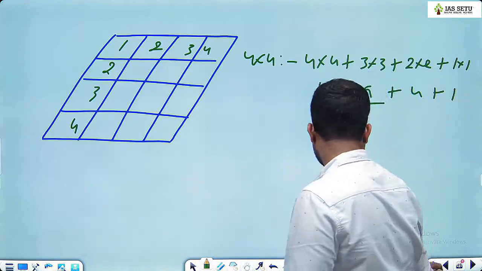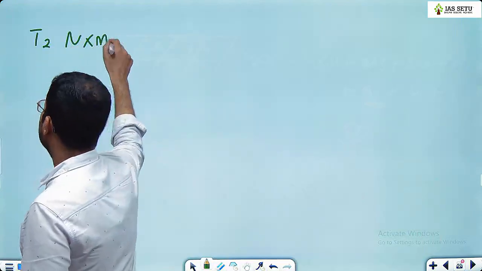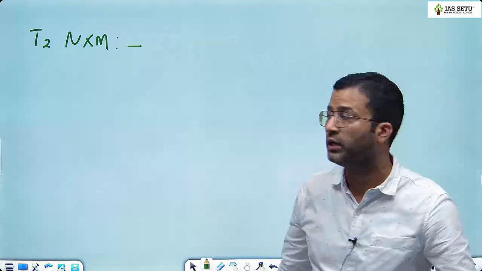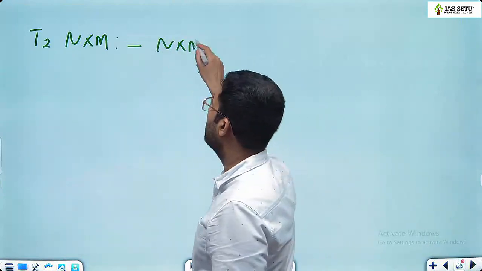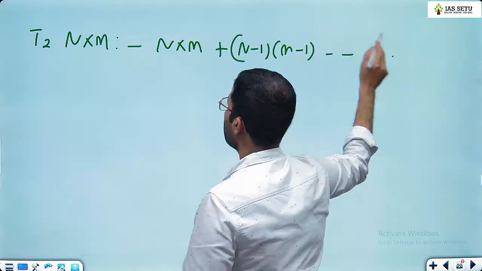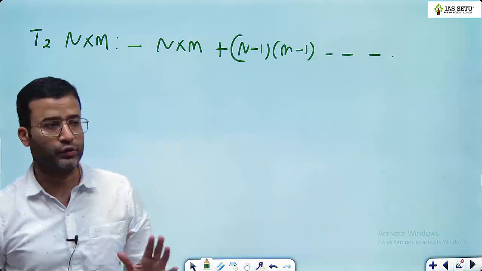Same thing in rhombus type 2. Type 2 is an n by m figure. We apply the same short trick we have learned for square, that is n into m plus n minus 1 into m minus 1 and so on. I solve one question for you.